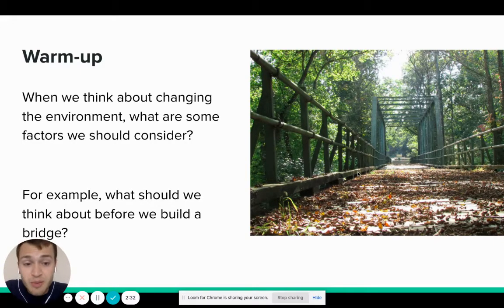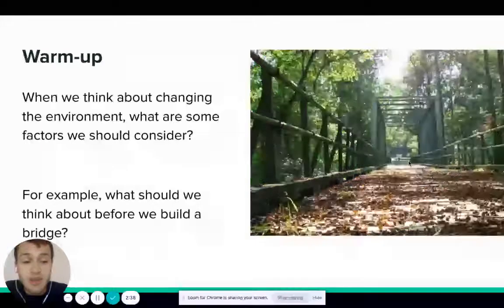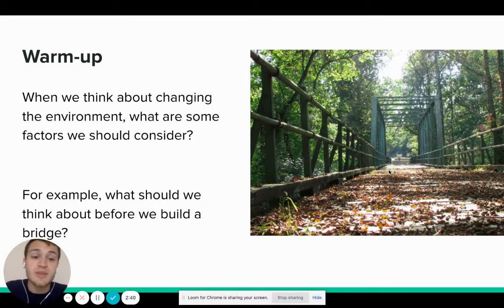At the end of the day, the person who made this bridge probably decided that humans' need for easy transportation was more important than the ecosystem, because when this bridge was built, undoubtedly, it destroyed some parts of the ecosystem and some habitats. That's just a decision that the maker had to make.